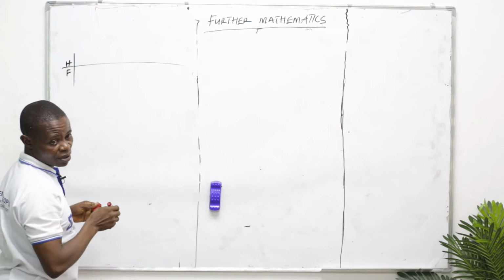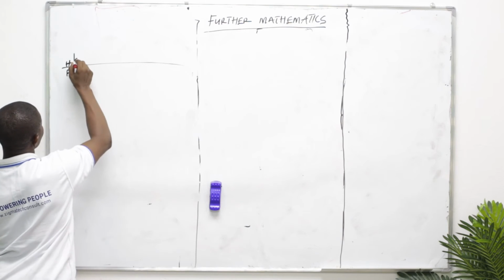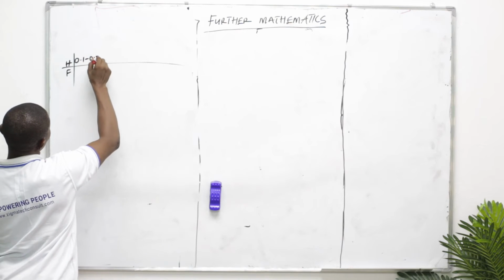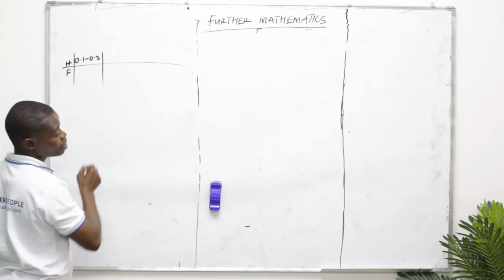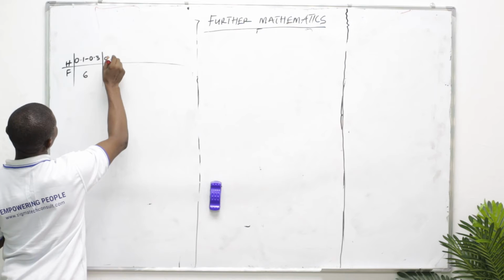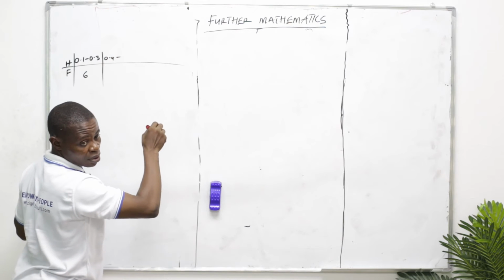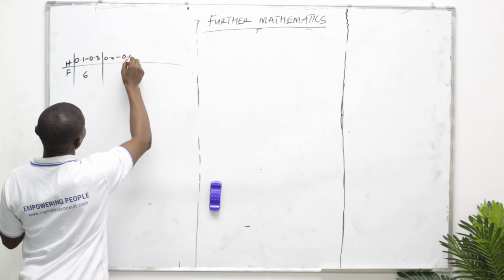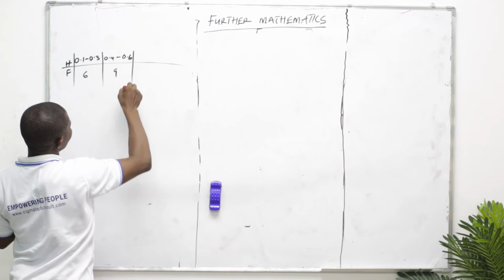See our range, 0.1 to 0.3. Imagine. That is 6. 0.4 to 0.6, 9.